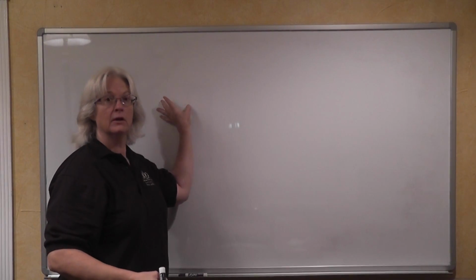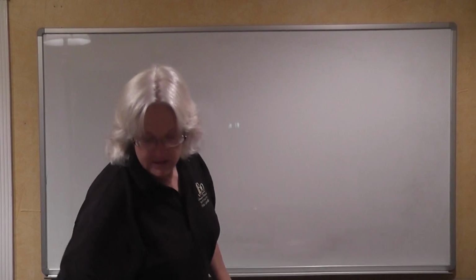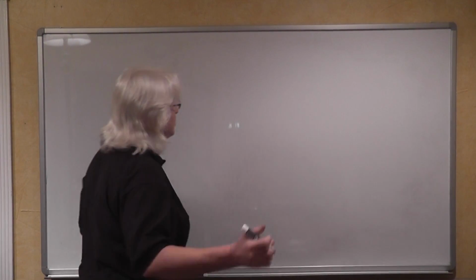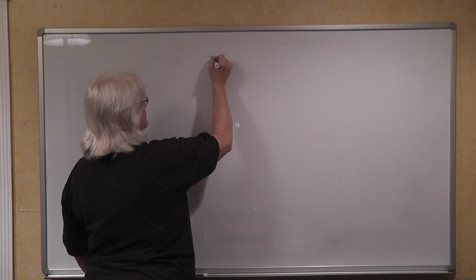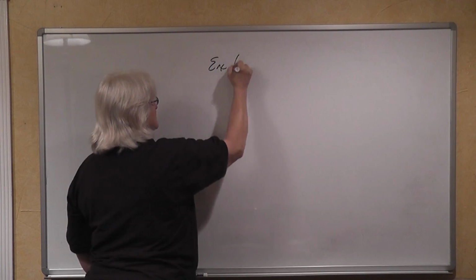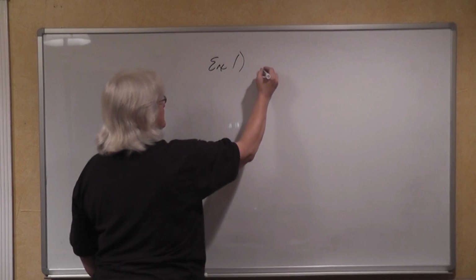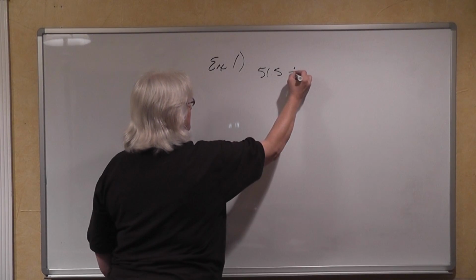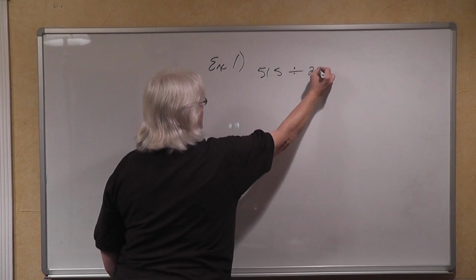So first, I said our dividend can be a whole number. Example 1 says divide 51.5 by 25.